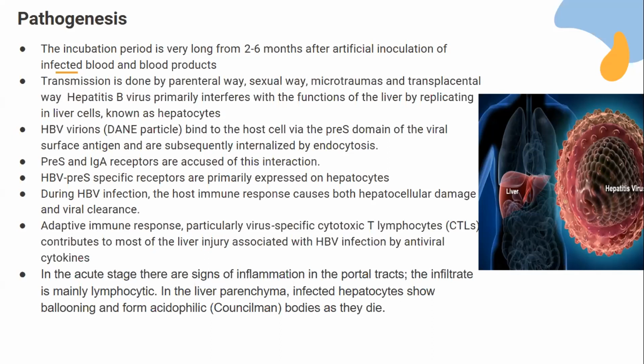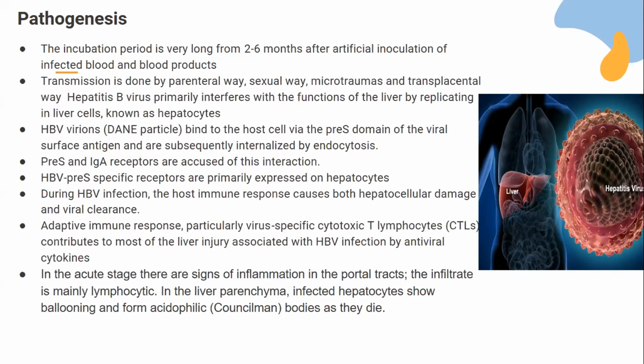During the HBV infection, the host immune response causes both hepatocellular damage and viral clearance. And the adaptive immune response, particularly your virus-specific cytotoxic T lymphocytes, contributes to most of the liver injury associated with HBV infection by antiviral cytokines, because generally your HBV virus does not cause direct hepatocyte injury.